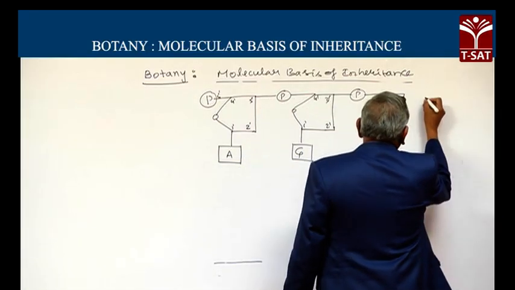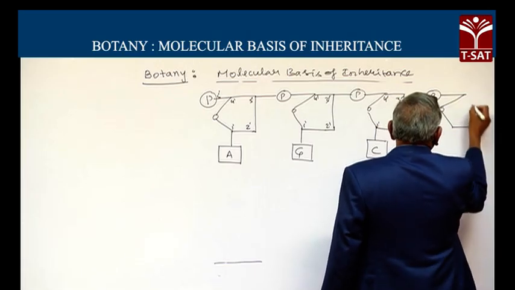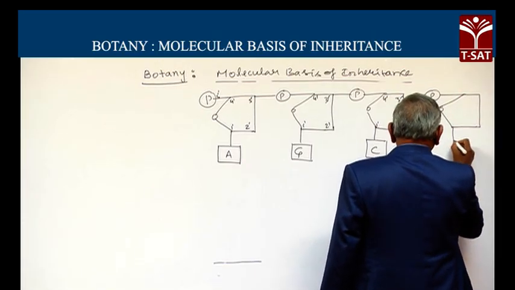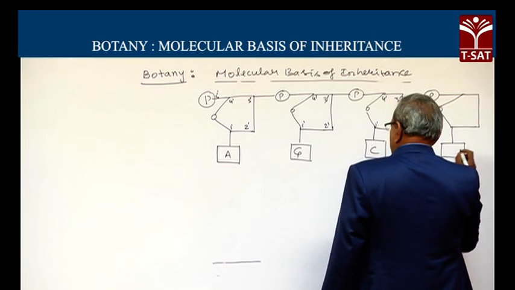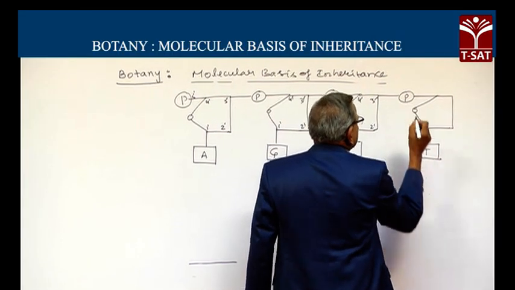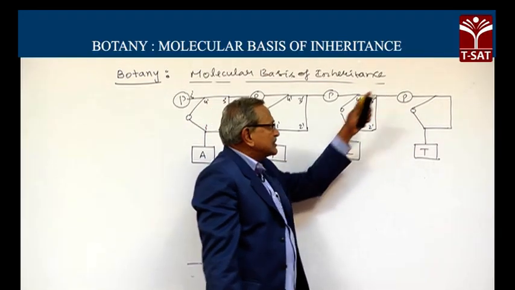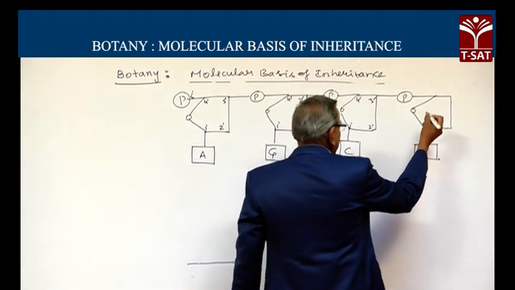Next, one more. So this is deoxythymidylic acid, and between the two a diester bond, phosphodiester bond is formed.